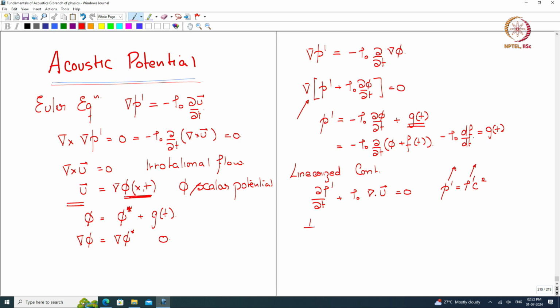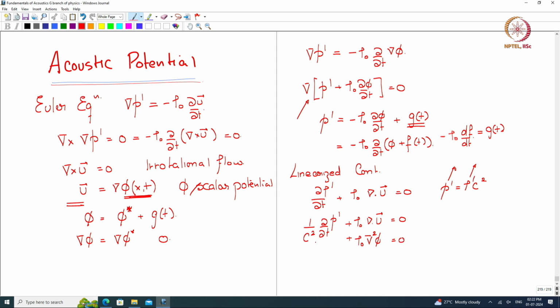So I have 1 over c square del by del t P dash plus rho 0 del dot u equal to 0. U is now del phi. So that becomes plus rho 0 del square phi, that is equal to 0.